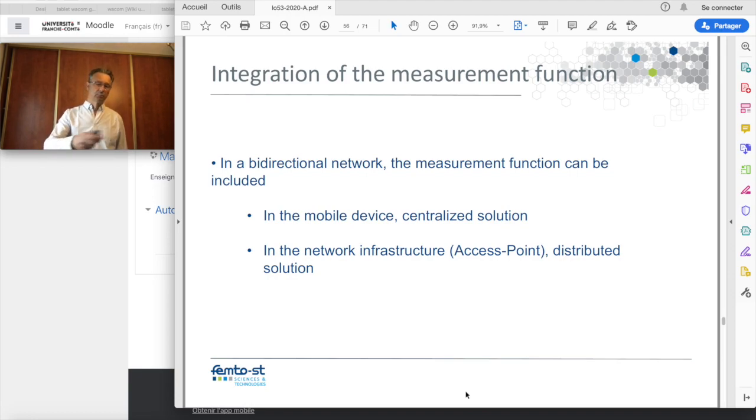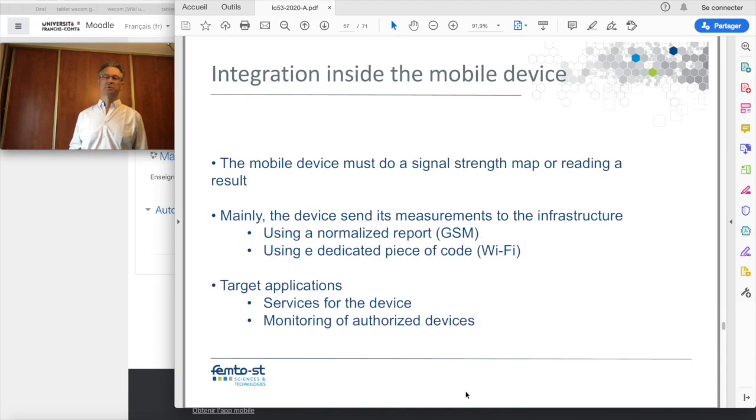So as I said previously, in a bidirectional network, you can receive information on the mobile device, which is a centralized solution, or in the infrastructure, which is a distributed solution.